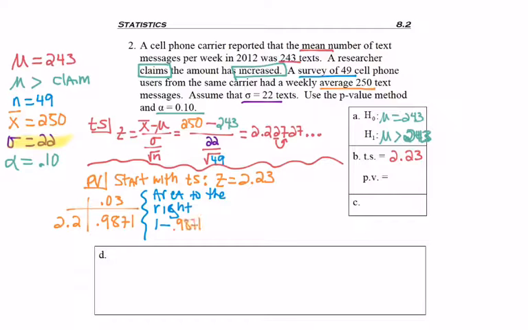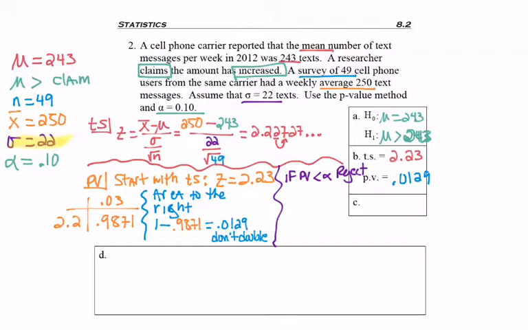So I do 1 minus the table value, and I get 0.0129. Do I double it? We just said we have a right-tailed test, so we do not double that value. My p-value is 0.0129.